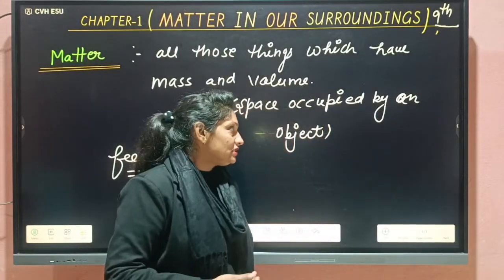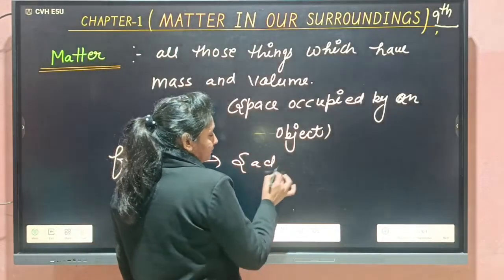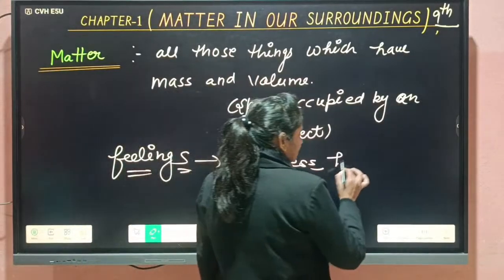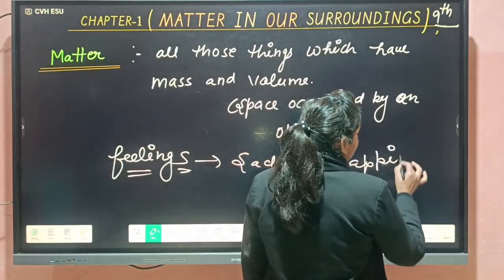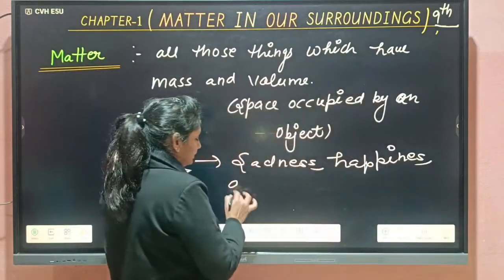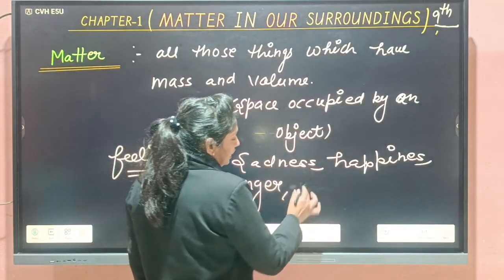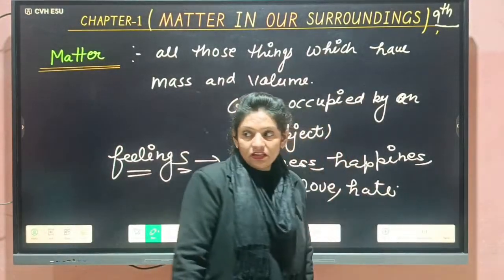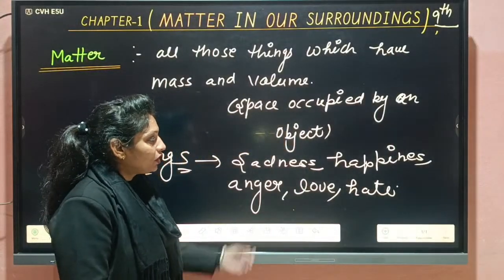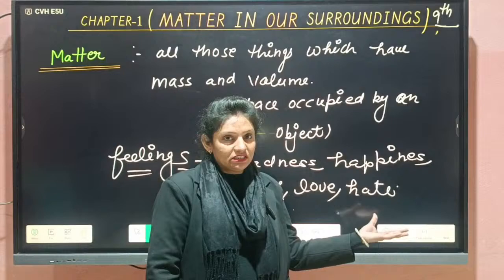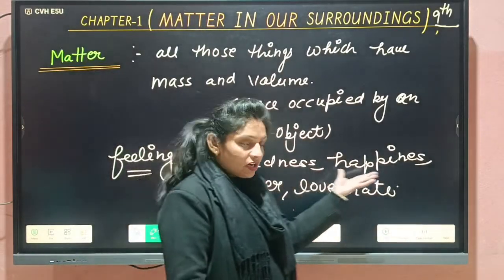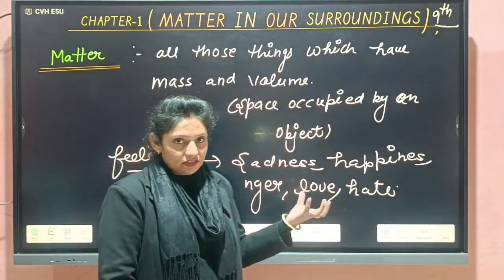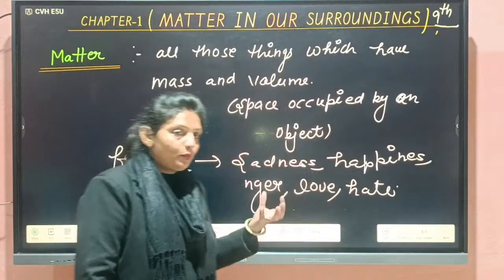So our feelings like sadness, happiness, anger, love, hate, these are not matter. Why? Because they do not have any mass. They are not occupying any space. So our feelings are not matter. Clear or not? I hope it is clear to you.